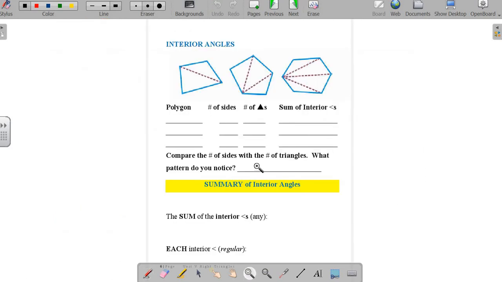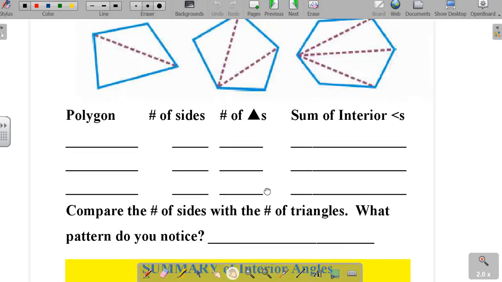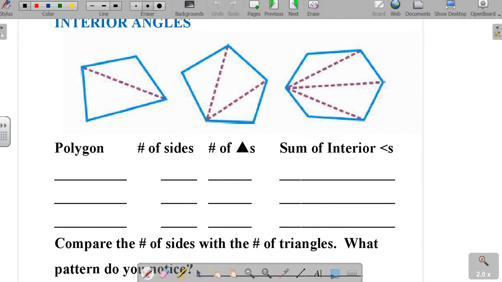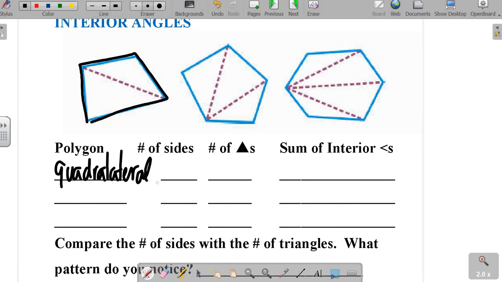We're going to do a little experiment. And again, this experiment is only with convex polygons. So step number 1. We have a quadrilateral. It has 4 sides.